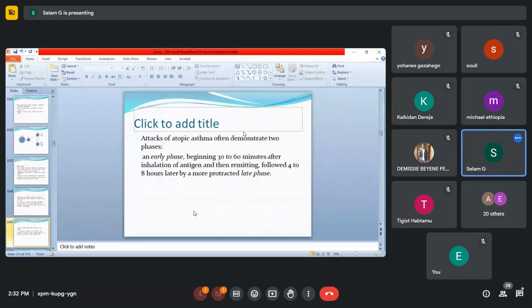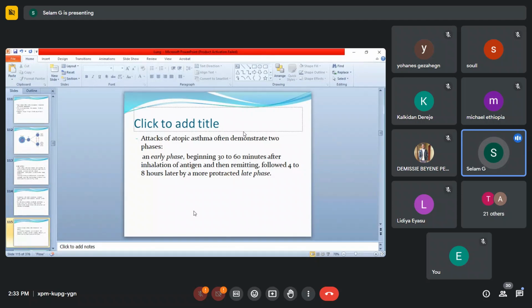And there will be binding of this IgE to mast cells. Whenever this allergen comes into contact with that person again, it will directly bind with IgE, and the IgE will trigger the mast cells and the eosinophils to degranulate, and all the allergic reactions will take place.